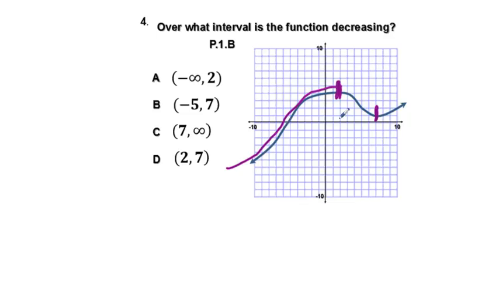This interval that I'm bracketing here is where the function is decreasing. And if we look at our answers, our function is decreasing from about x equals 2 to x equals 7. So our correct answer is D.